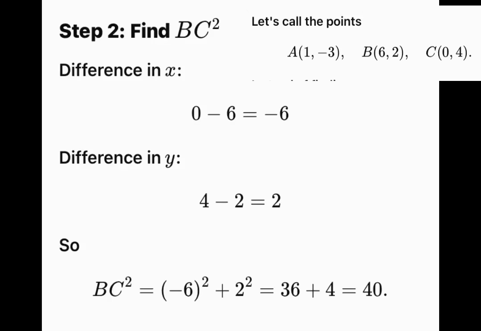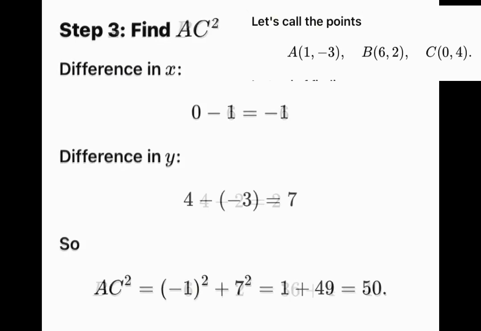In step 2, we consider the side BC with the difference in x as 0 minus 6, which is -6, while the difference in y is 4 minus 2, which is 2. So, BC squared will be equal to (-6) squared plus 2 squared, which is 36 plus 4, giving us 40. Please note that (-6) squared is 36, not -36.